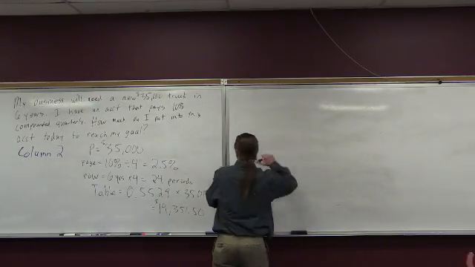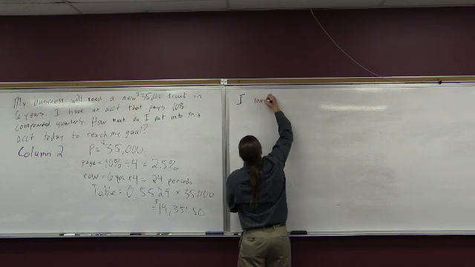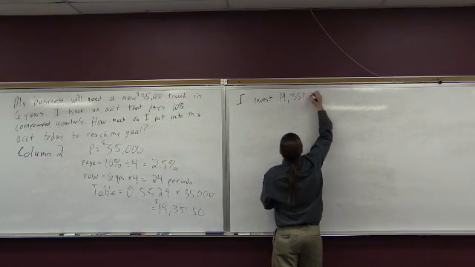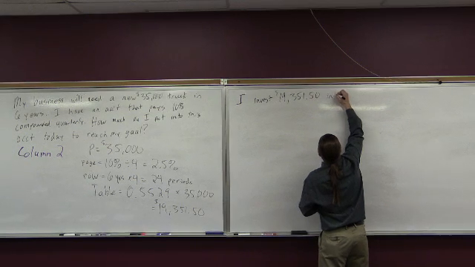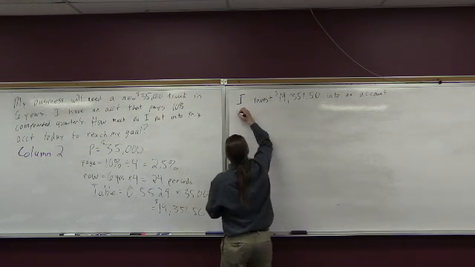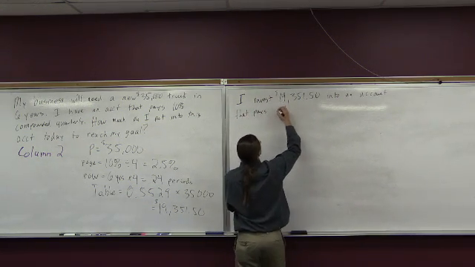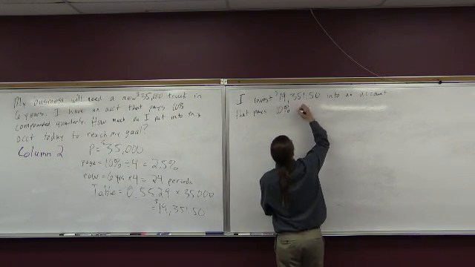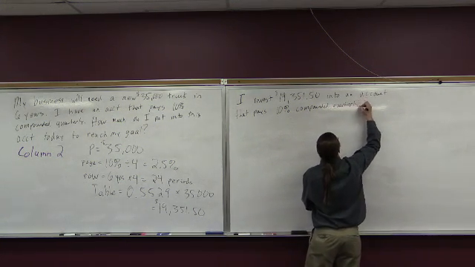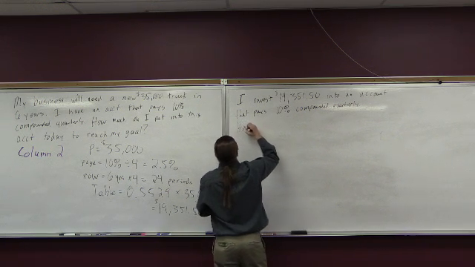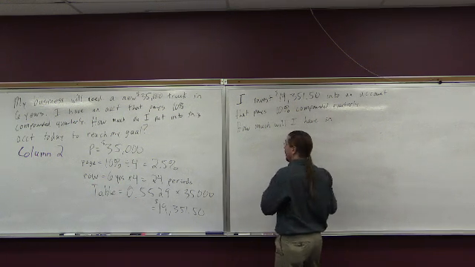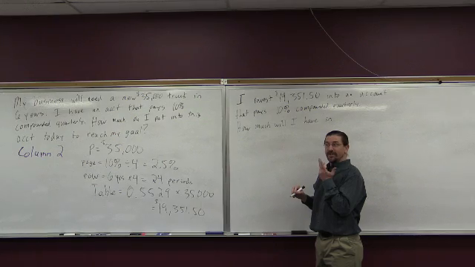All right, so I invest $19,351.50 into an account that pays, how about, say, 10% compounded quarterly. How much will I have in, say, 6 years?